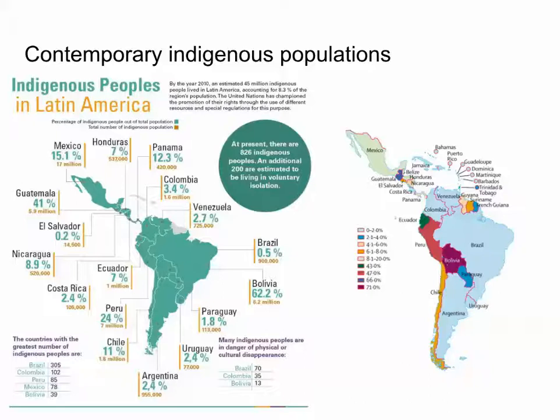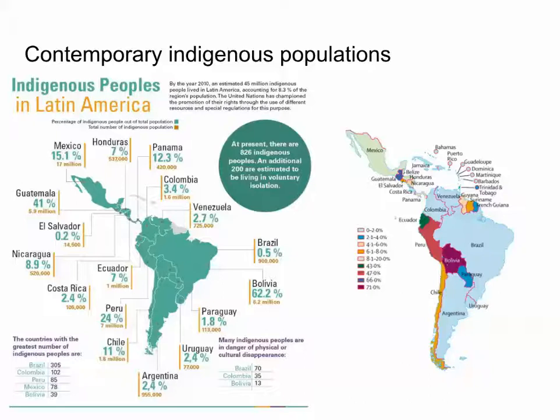Now think about that. So 17 million people in Mexico, and that's essentially where we were in 1492. But the total population now of Mexico is nearly 150 million people, so that represents a significantly smaller portion of the population.